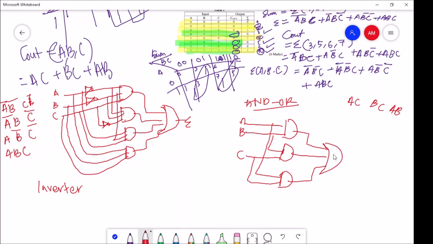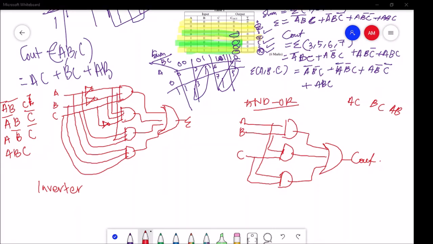Then connect them to the OR gate so that we get the output, C out output. Okay, that's all for question number 2.